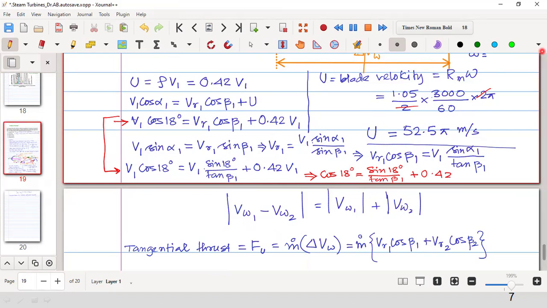So from this we can calculate tan beta 1. Tan beta 1 can be calculated. That is coming to be 0.58189.